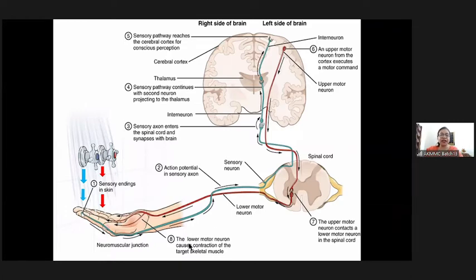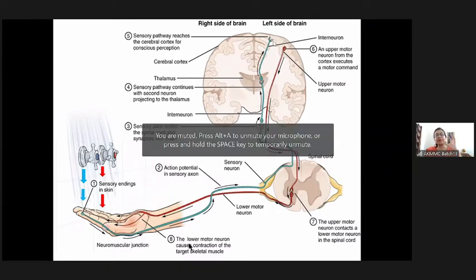Okay, then transmit that stimulation toward the central nervous system, and then produce analysis of that stimulation in the central nervous system. After analysis, production of appropriate response.